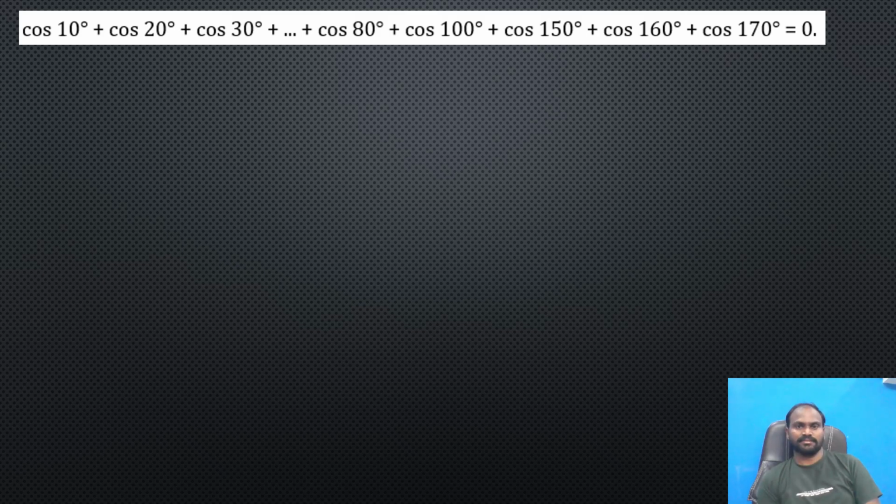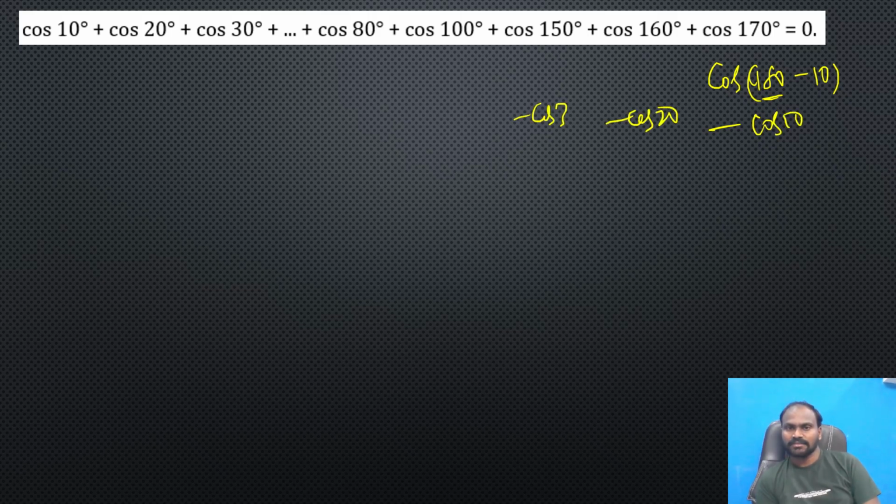So cos 170 can be written as what? 180 minus 10. Cos of 180 minus theta lies in the second quadrant, so cos is negative. For 180 it will be the same. So minus cos 10. This is minus cos 20, and this is minus cos 30, and this is minus cos 80.